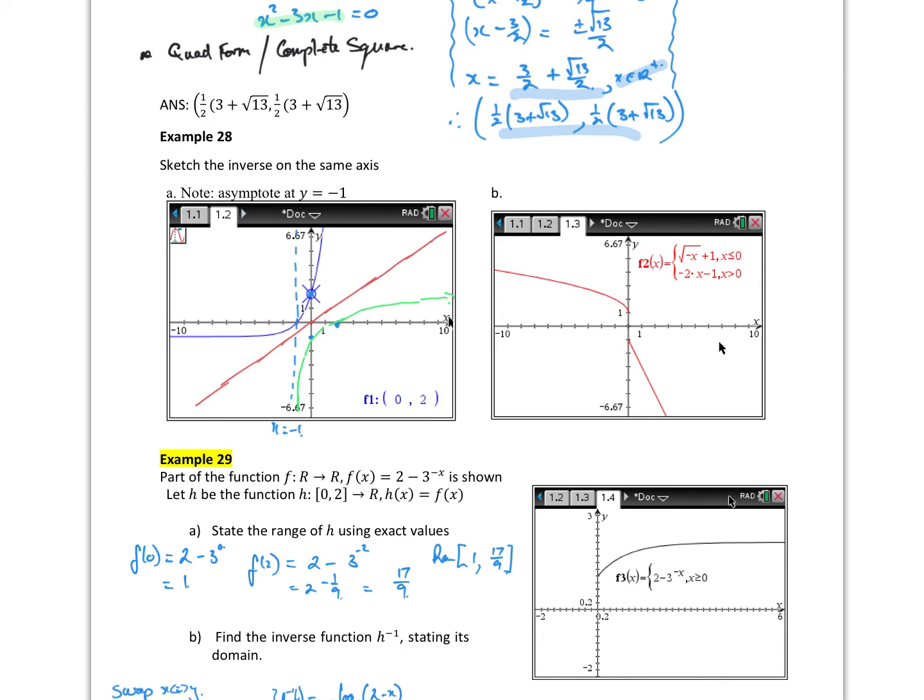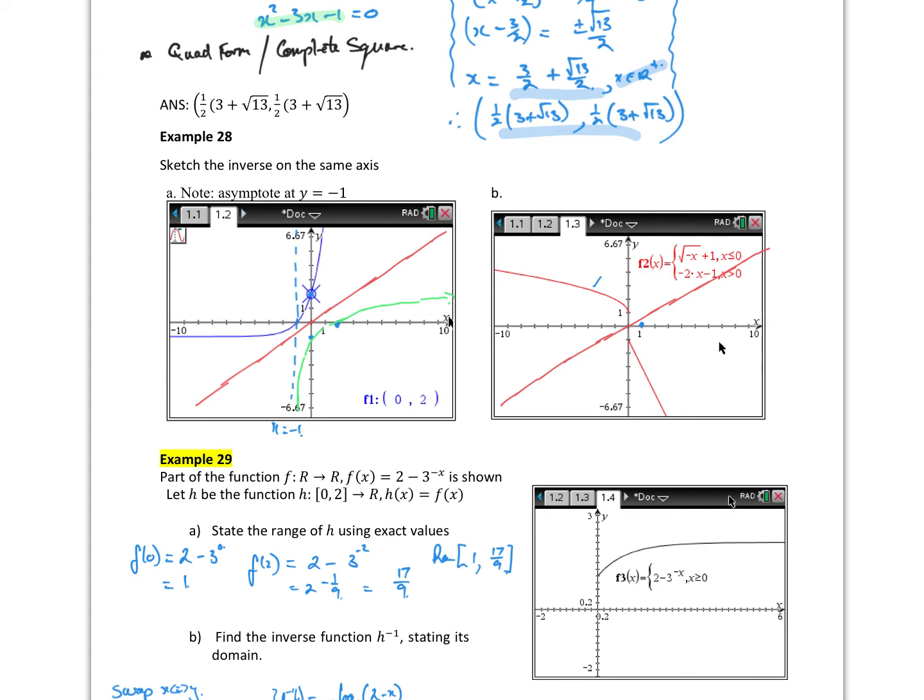Okay. Let's consider the other graph here. Same sort of thing. Let's just concentrate on this first square root function. We have an intercept at 1, 0, so that becomes an intercept at 0, 1. Again, to give us a bit of an idea, if I draw that line y equals x, we've got a rough idea maybe of where it goes.